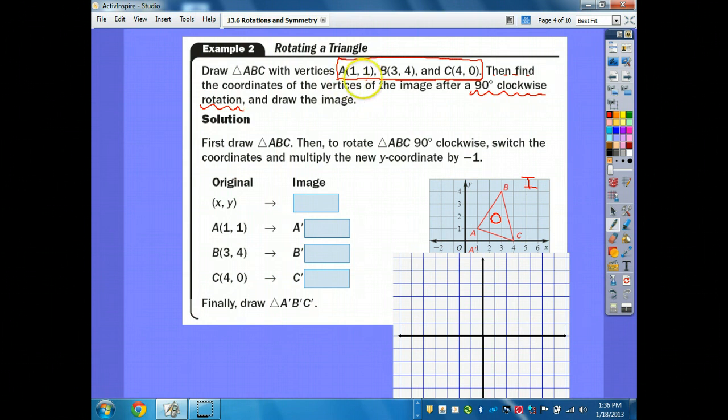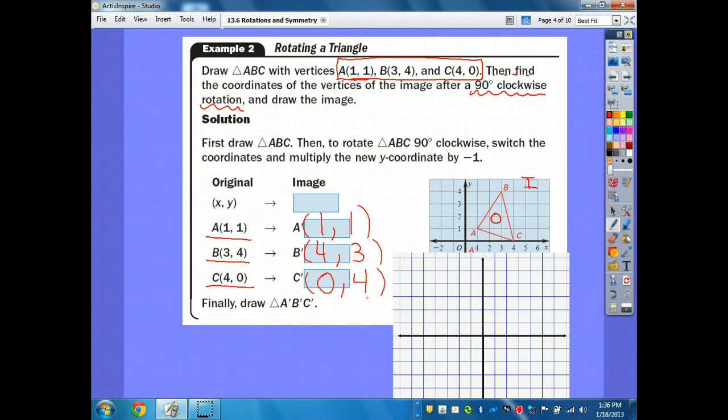I know I take my originals, which are written right here, and I automatically flip them around. So 1 and 1, oh, that's easy, I just make them 1 and 1. 3 and 4, I flip them and get 4, 3. And then 4, 0 goes to 0, 4. Now, I'm not done yet. That's the first thing you do when they say 90 degrees.